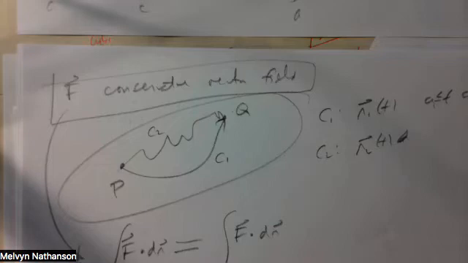So along any path from a point P to a point Q, the value of the line integral doesn't change. It's always the same.